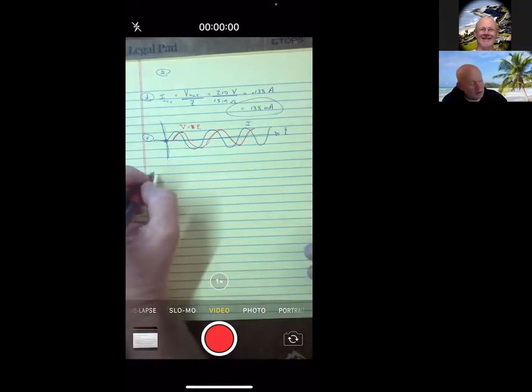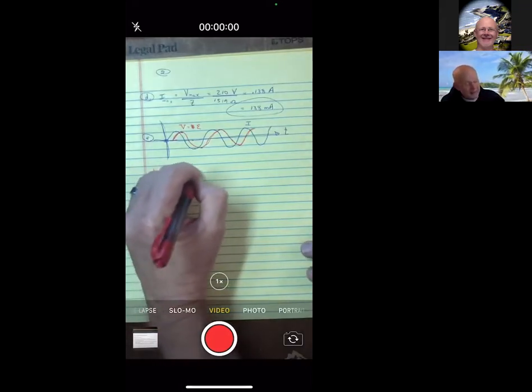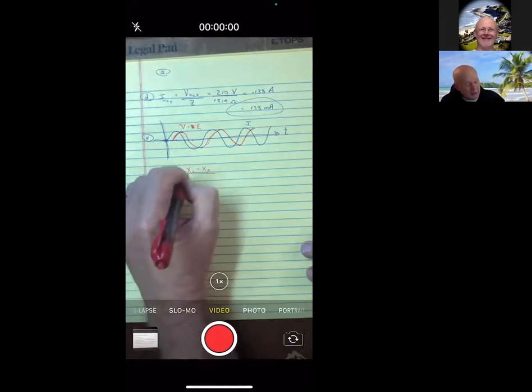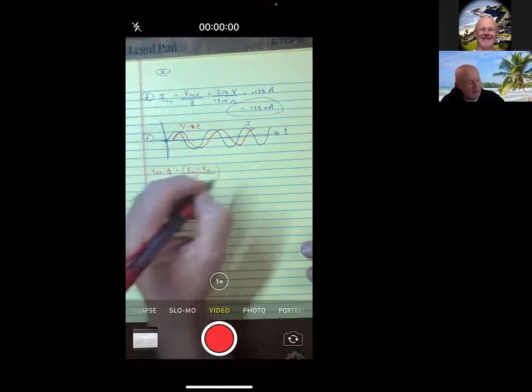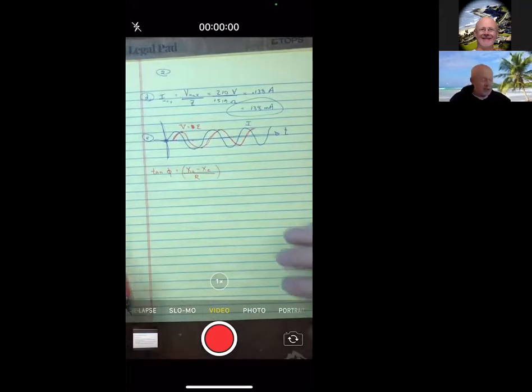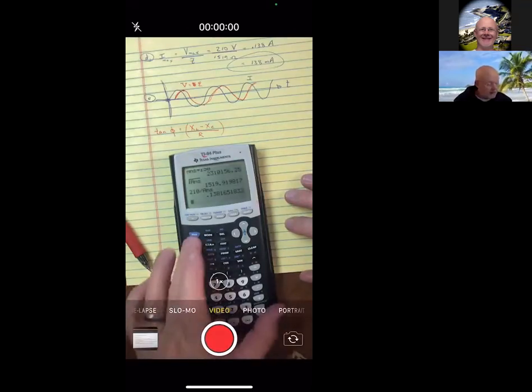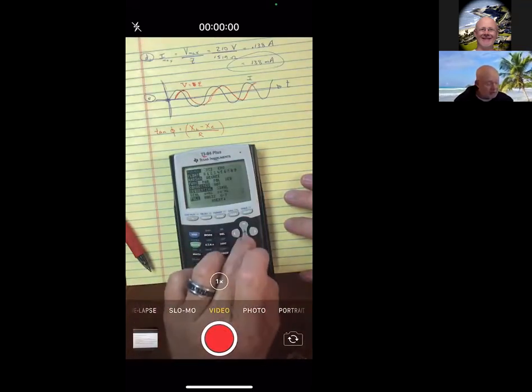And of course, we had a calculation here that says the tangent of that phase angle is the difference between the inductor and the capacitor reactances, over the resistor. So taking my calculator here, and I think the last time I used this, I was in radians.